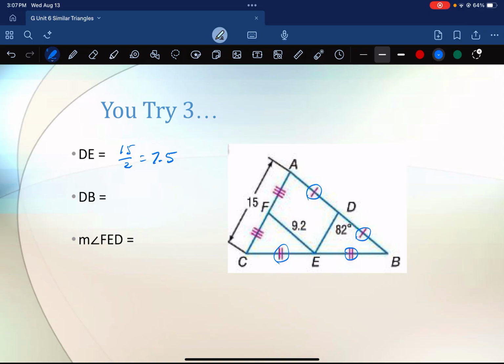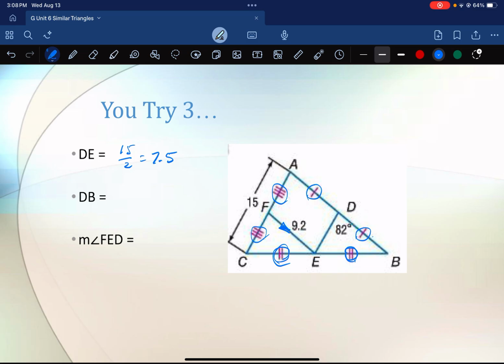What's DB? Okay, well, what's AB parallel to? AB is parallel to 9.2, and I know that 9.2 is a mid-segment too because these two are congruent, and these two are congruent. So F and E are midpoints. So FE is parallel to AB, so FE is half of AB.